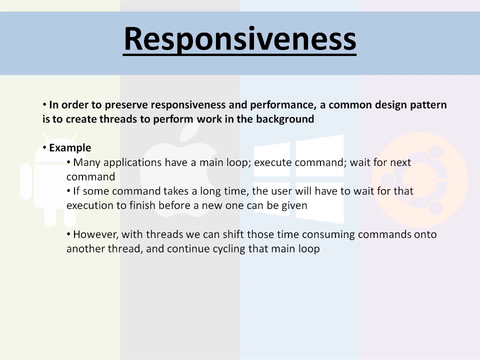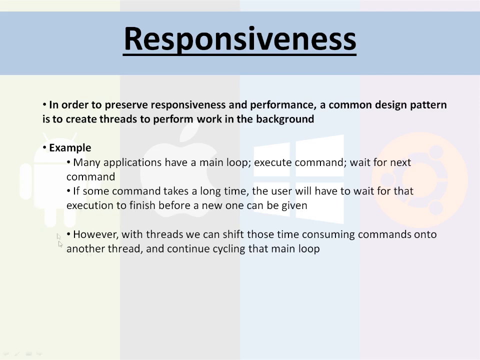Ordinarily, that's in a single-threaded or linear sequence of processing. However, with threads, we can shift those time-consuming commands onto another thread and then continue cycling this main loop. So while that is processing, we can continue the main loop so that the program is still responsive.